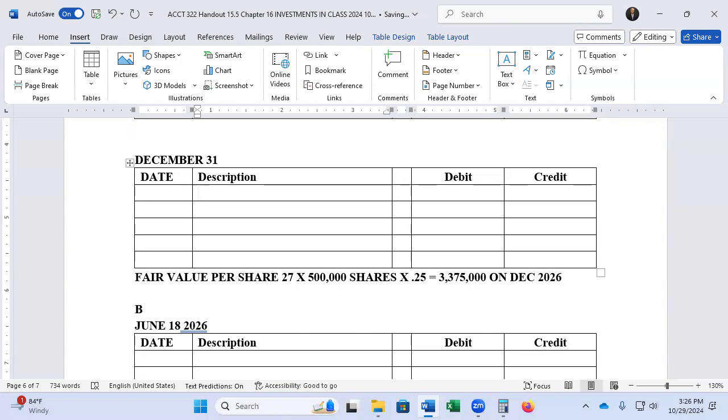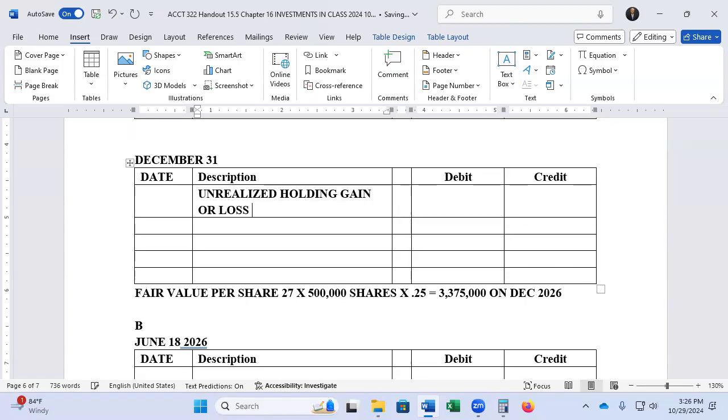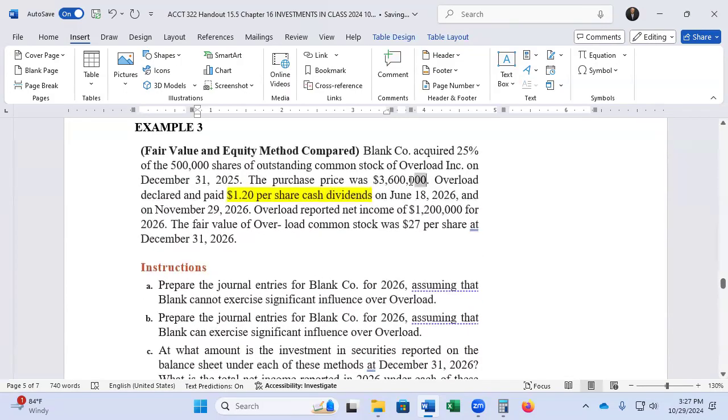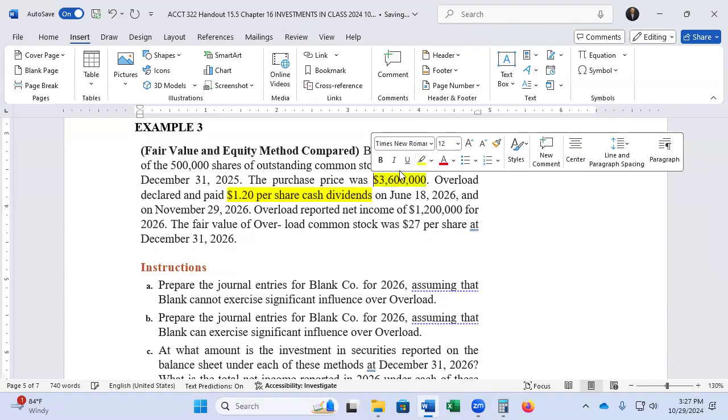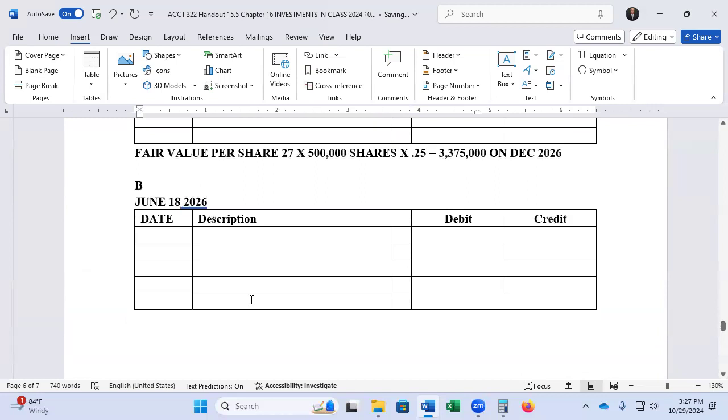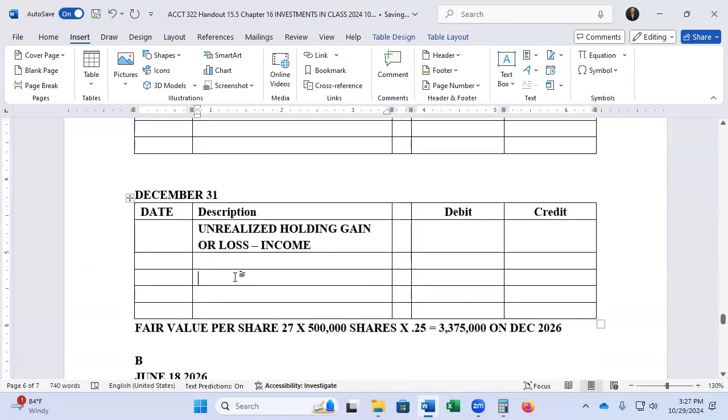And so we end up with an unrealized holding loss, but we still put it in a gain or loss account, which flows through income. What was our asset recorded at? Purchase price of 3.6 million. And so we have 3.6 million.